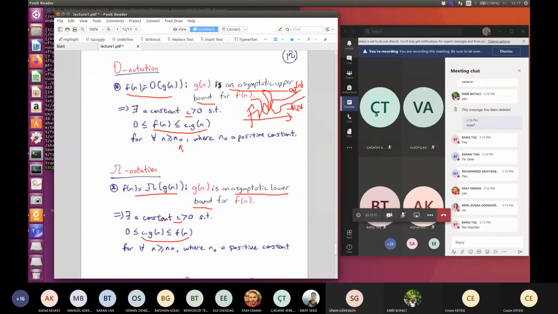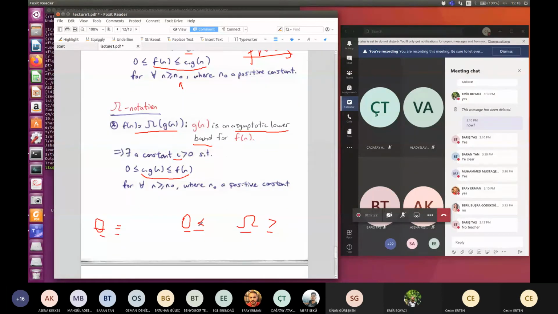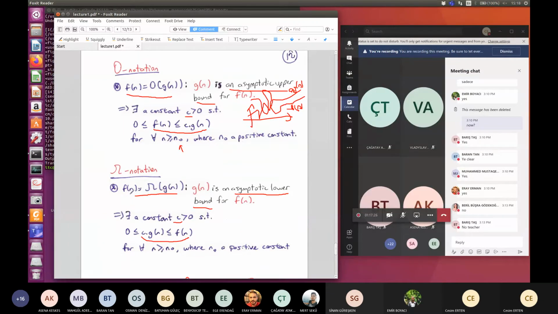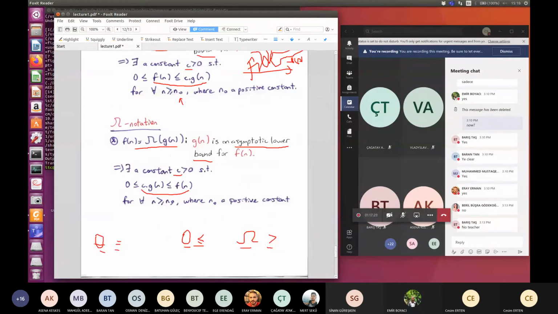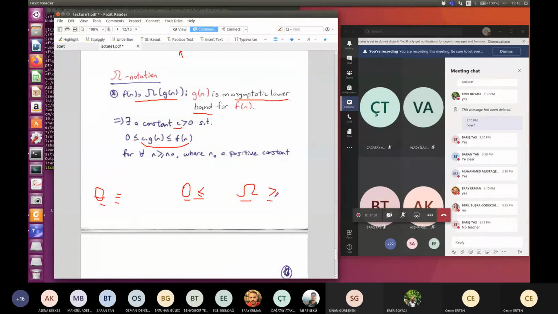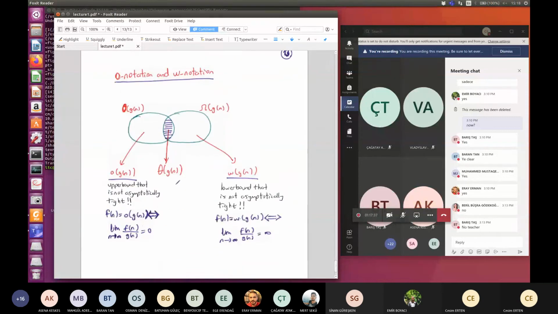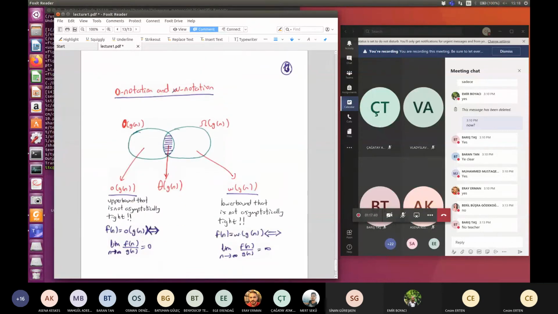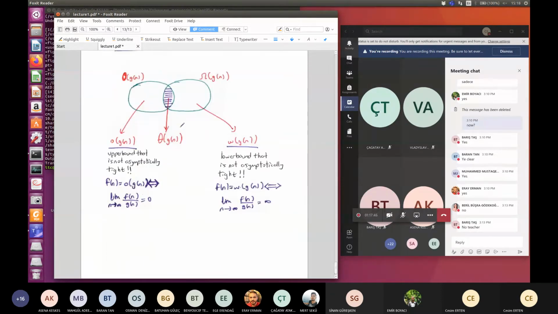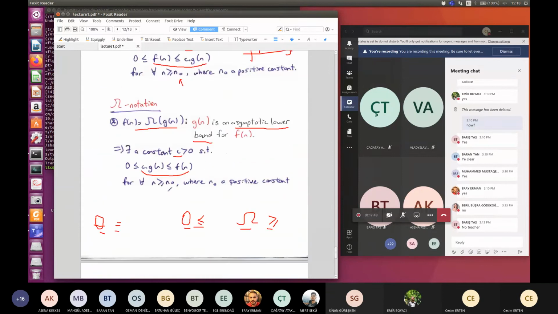So if I say that f of n is big O of g of n, in some sense you can think of it as f of n is less than or equal to g of n. And for omega notation, if I say that f of n is omega of g of n, you can think of it as f of n is greater than or equal to g of n. There's just a very slight variation of these definitions as well, small o notation and the small omega notation, but let's skip this detail. For now, let's keep our concentration on theta, big O, and omega.